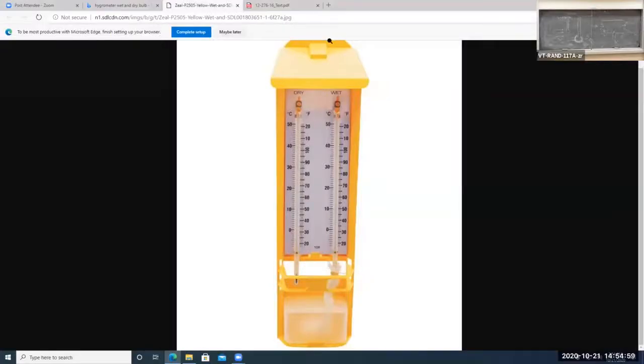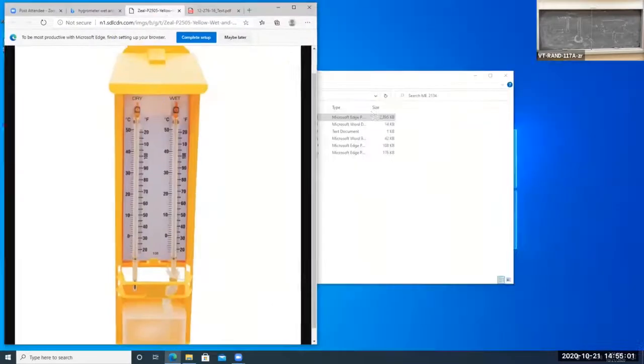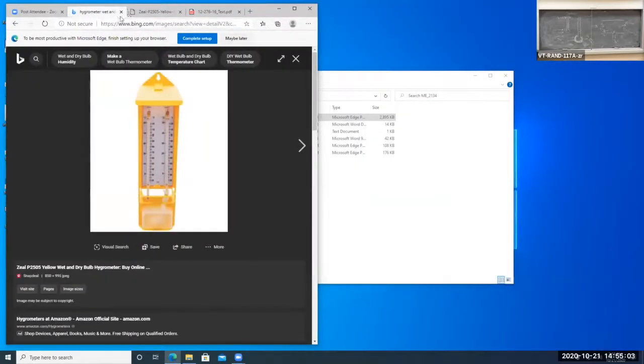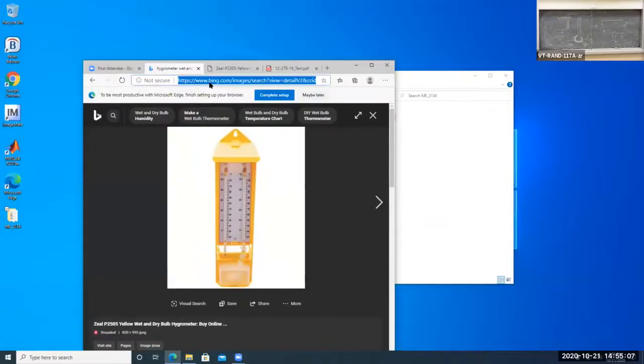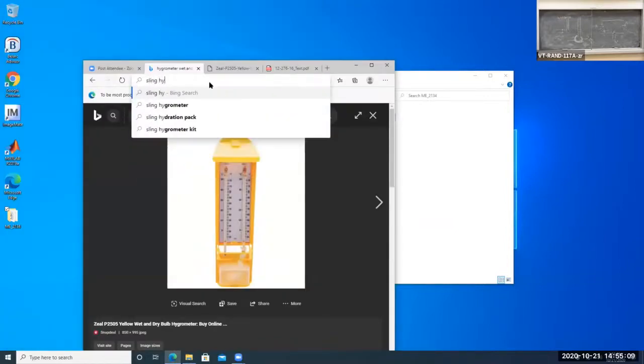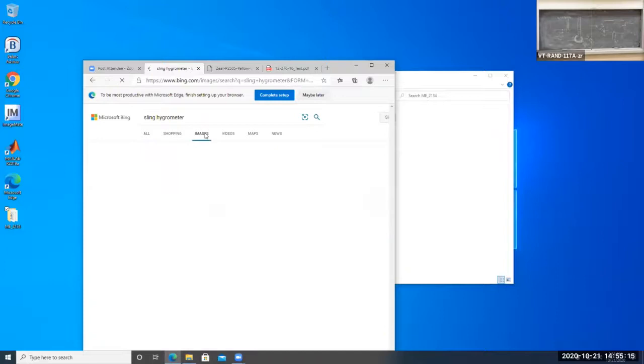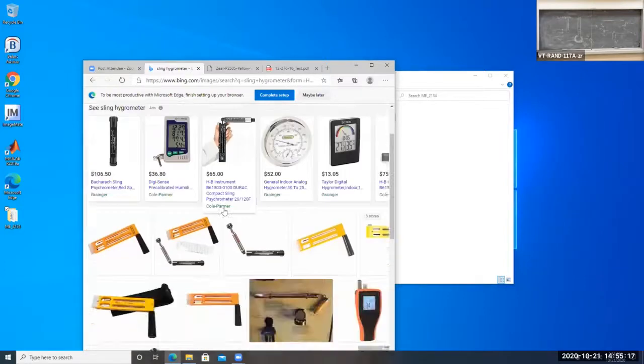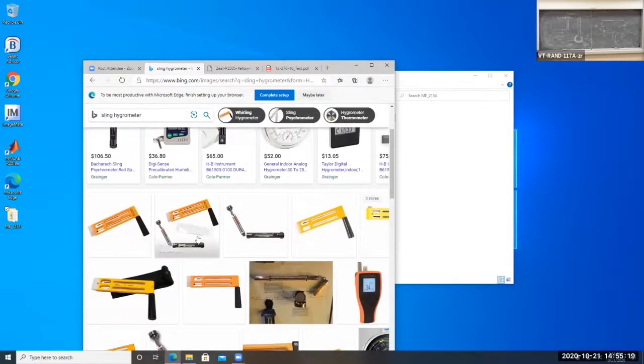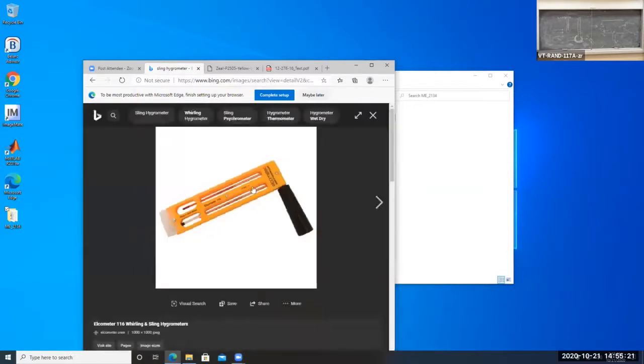Let me see if I can find one for you. Sling hygrometer. Let's see if we can see a picture of a sling hygrometer. Ah, there we go. Here's one. Yeah, so what you do is, wet bulb, dry bulb.